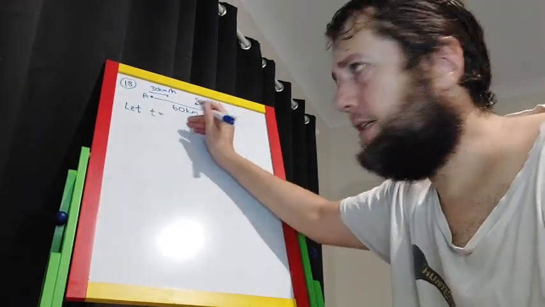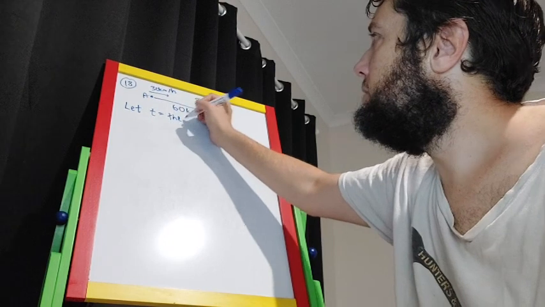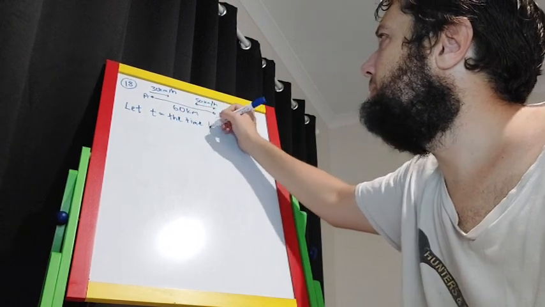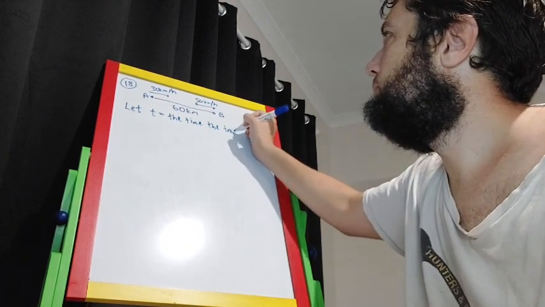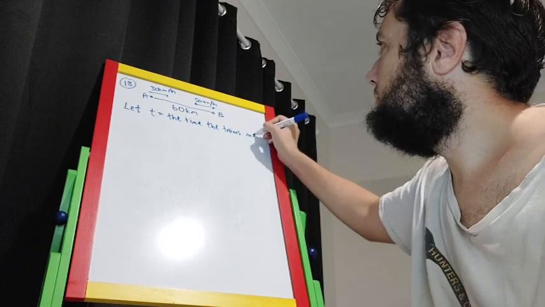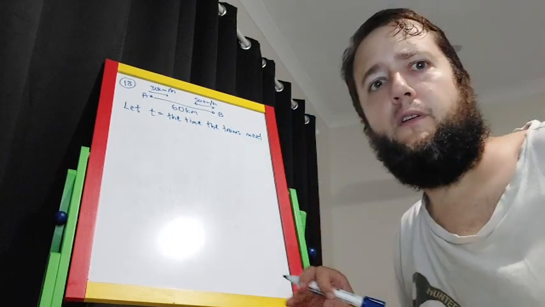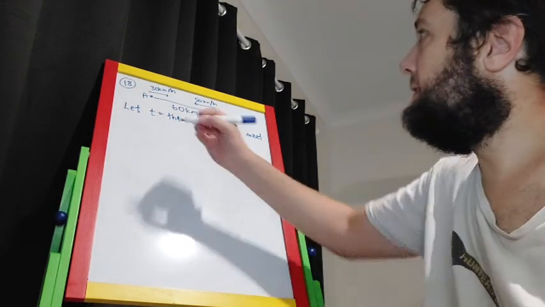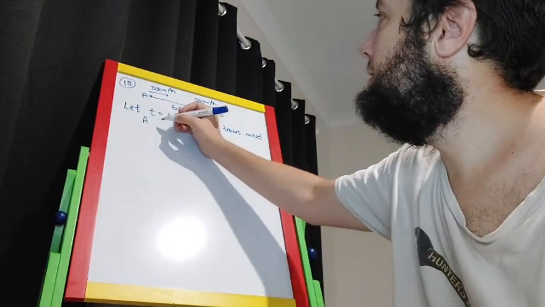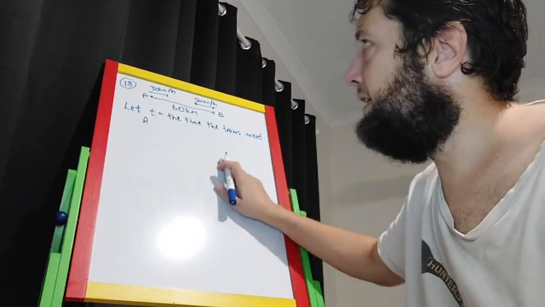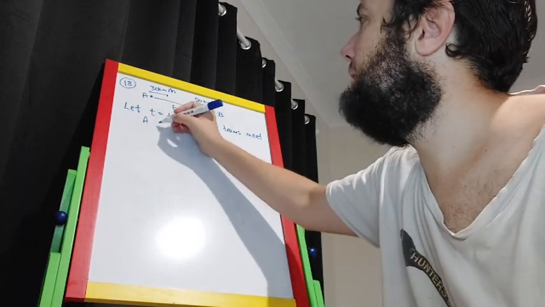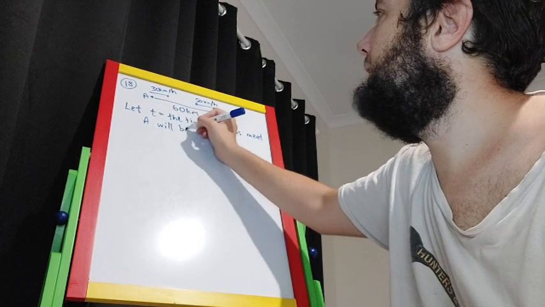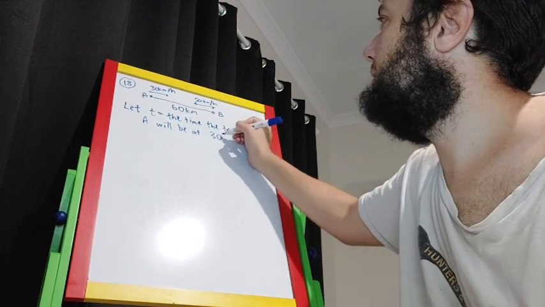I'm going to let the letter T represent the time the trains meet. From that logic, I can say that train A, where it's at any moment in time, will be at 30t.